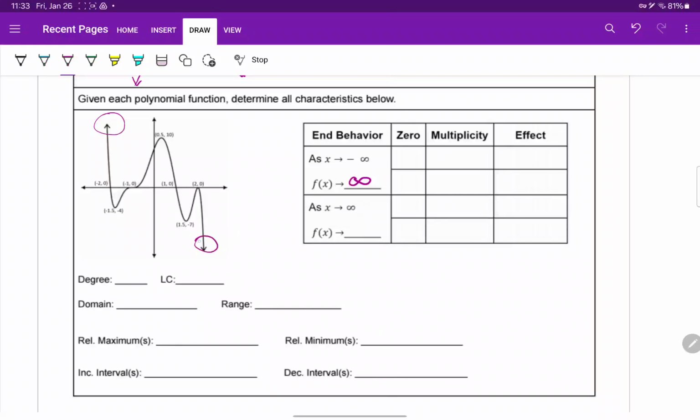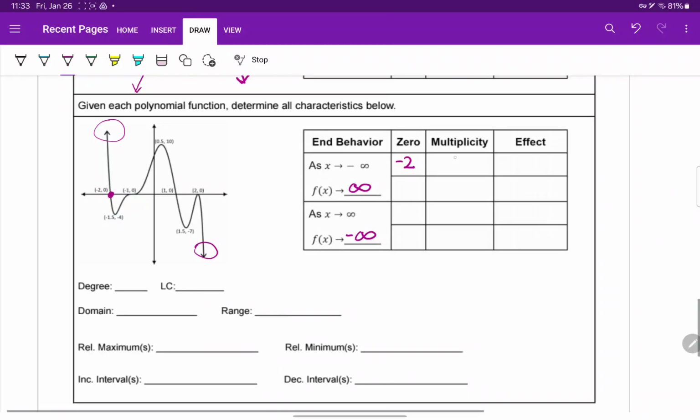As we go to the right hand side, as x approaches positive infinity, our y values are going to negative infinity. All right, the next thing we want to do is identify zeros. First 0 I have is negative 2. And because we are crossing through the x-axis, we're going to say the multiplicity is 1 because of the cross.